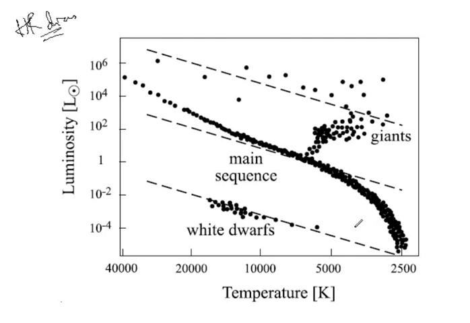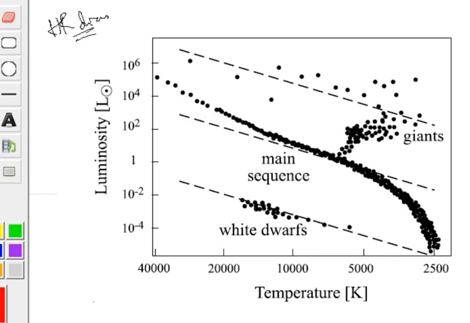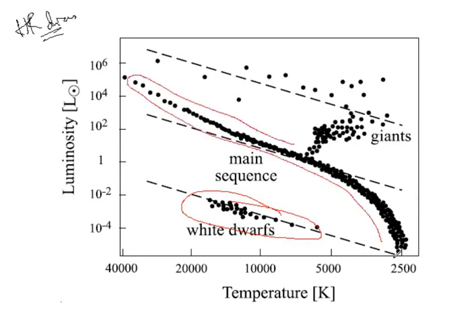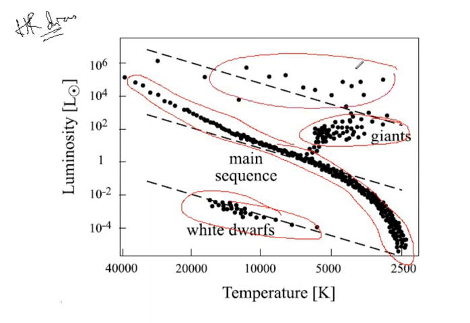Now what do they find? What is important to observe is that almost all known stars are concentrated in several well-defined loci. So what are they? Here is one of them. Another one is over here. You see this one. Then another one is over here, followed by another group over here.